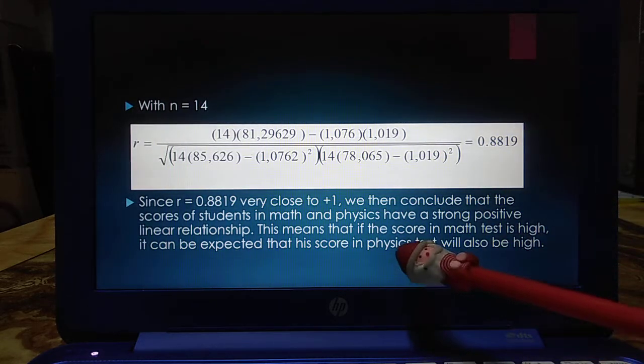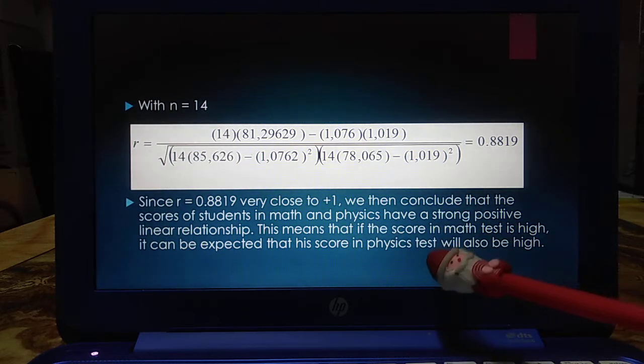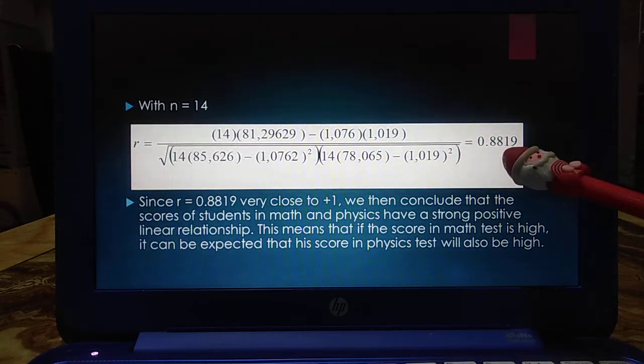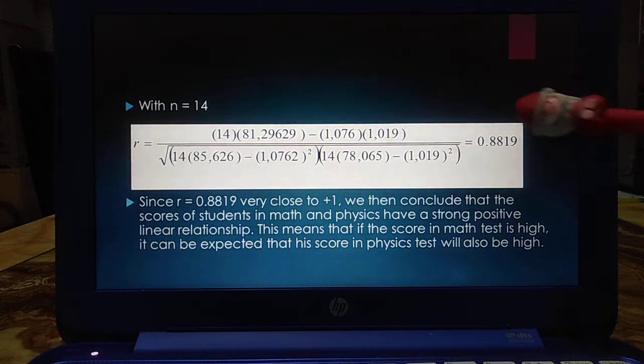We would like to determine whether there is a relationship between the physics and the math test scores. Since this is positive, our conclusion was we have a strong direct correlation, which means that as the grade in math goes up, the grade in physics also goes up. So we're going to use this correlation coefficient for our next example.